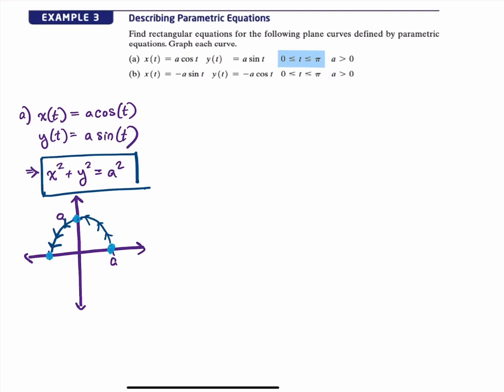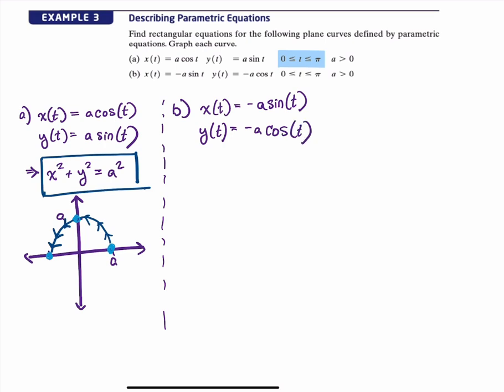In part B, we have something that looks kind of similar, but we'll see how this will differ for us. So we have x of t is equal to negative a sine of t, and y of t is equal to negative a cosine of t.